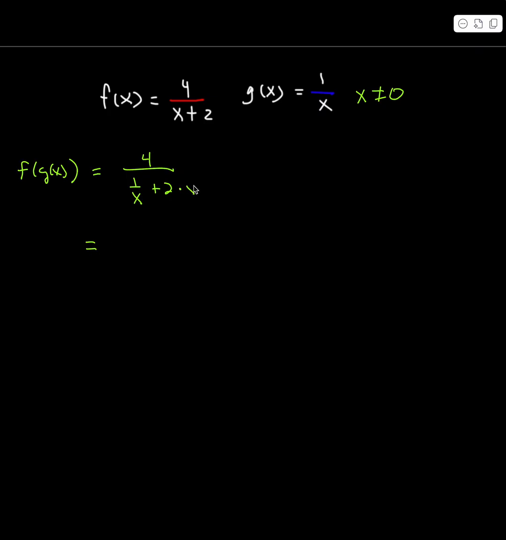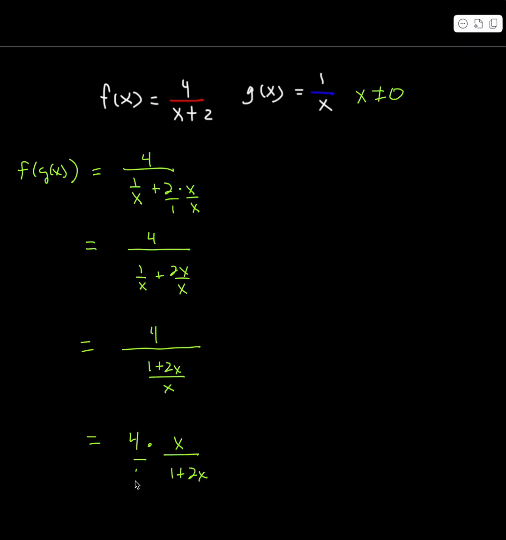So with 2, I'm going to multiply it by x over x. Remember, that's 2 over 1. So this becomes 4 over 1 over x plus 2x over x, which would be 4 over 1 plus 2x over x, which we would then multiply by the reciprocal, multiply 4 by the reciprocal, so that would be times x over 1 plus 2x.